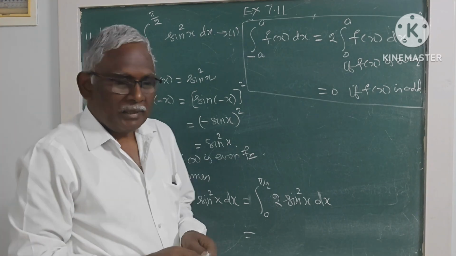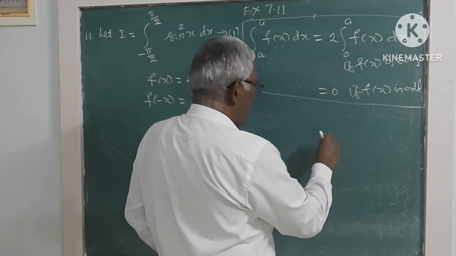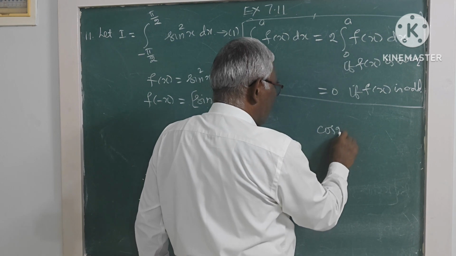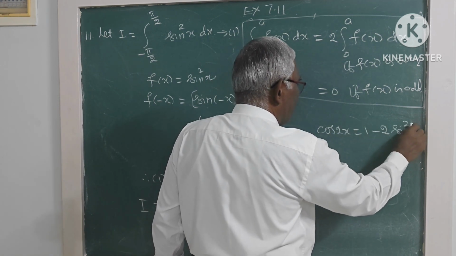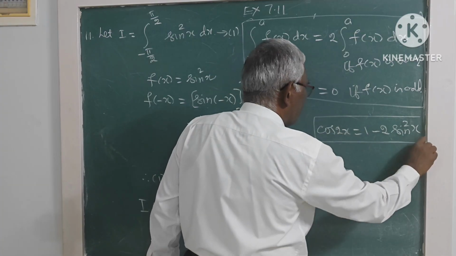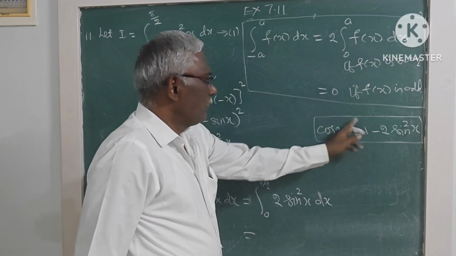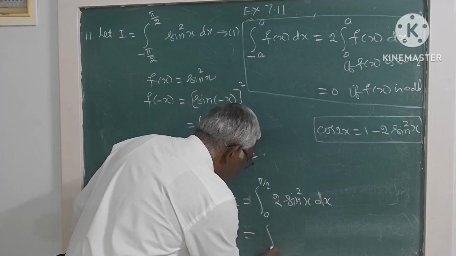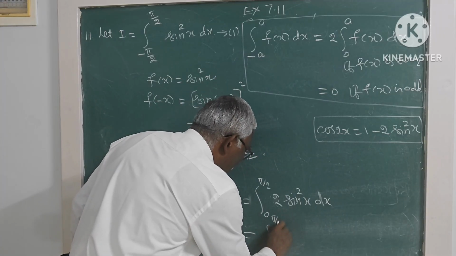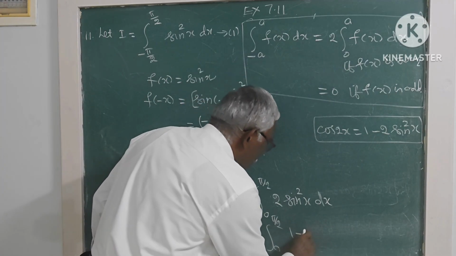What is 2 sin square x? We know that cos 2x is equal to 1 minus 2 sin square x. So 2 sin square x is 1 minus cos 2x. So this will be integral 0 to pi by 2 of 1 minus cos 2x.